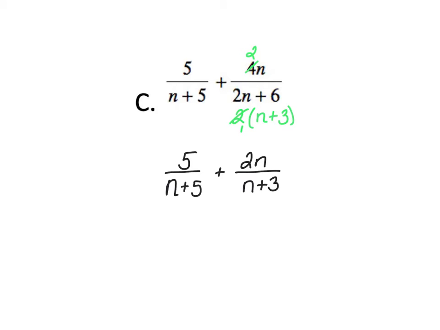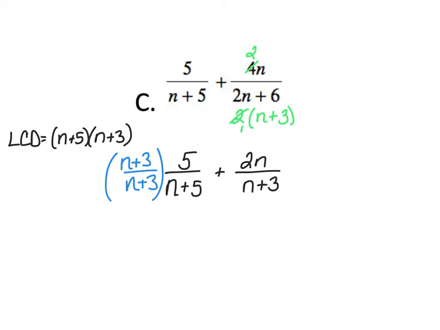Which is a little bit simpler, so my least common denominator would be the product of those two factors. So I'm going to multiply the left expression by n plus 3 over n plus 3, and the right expression would be times n plus 5 over n plus 5.